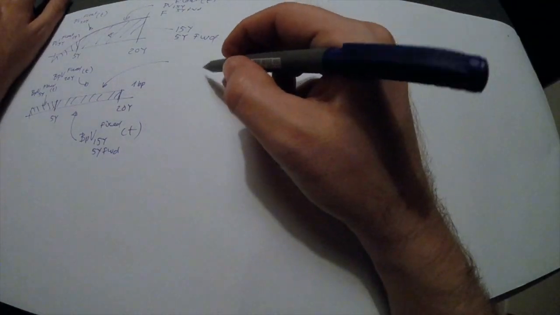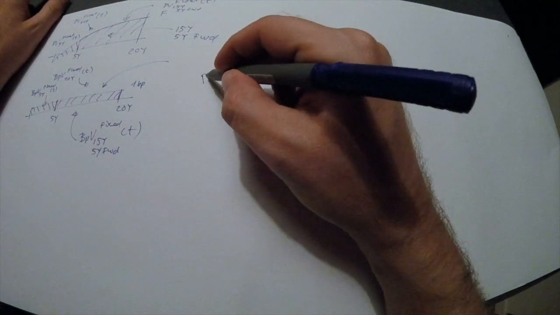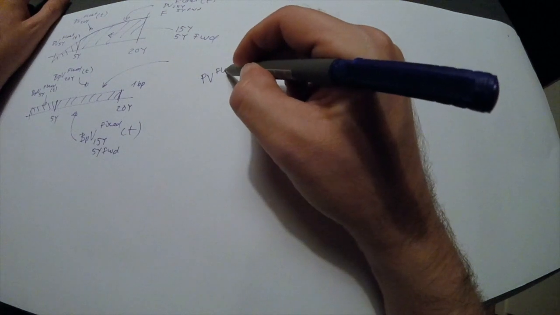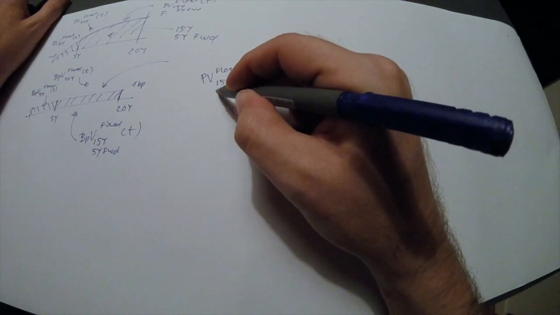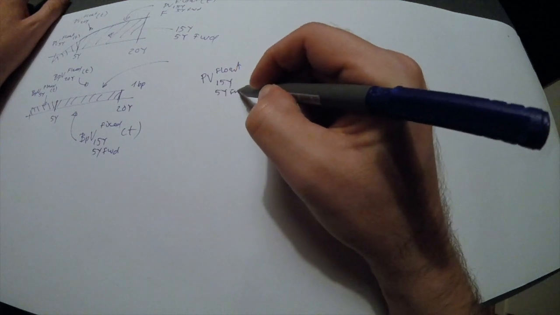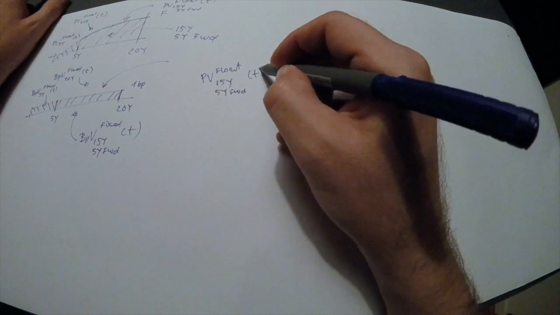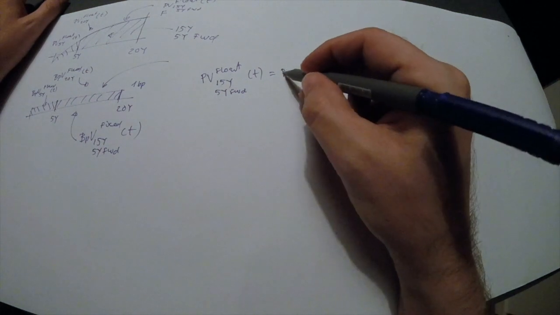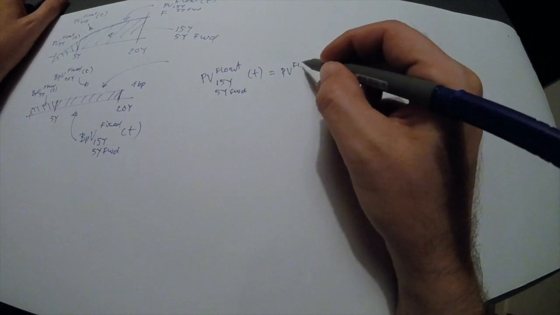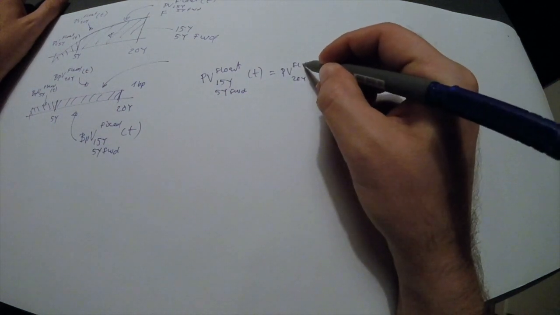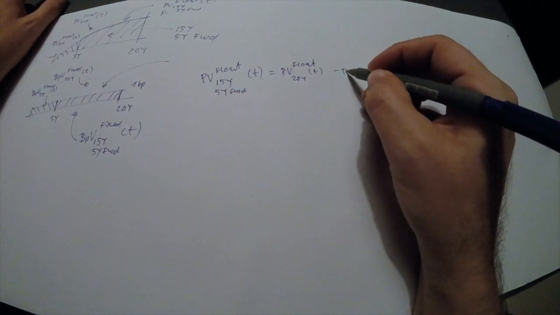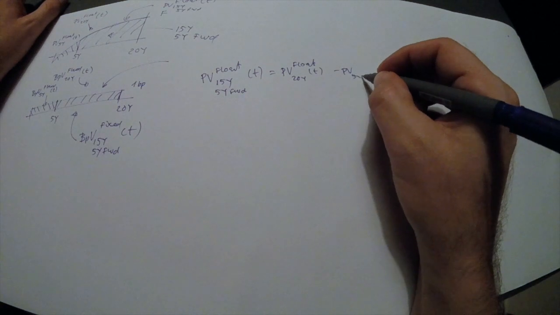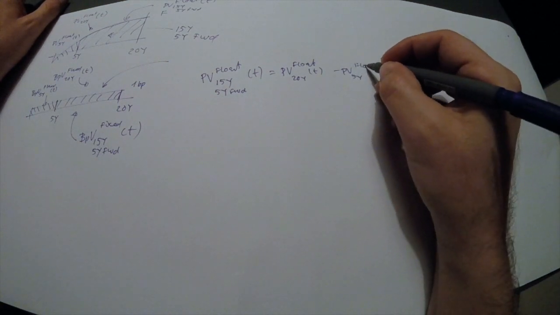Well, we can easily see that the present value of the floating leg of the 15-year 5-year forward starting swap would relate to the present value of the 20-year float leg minus the present value of the 5-year float leg.